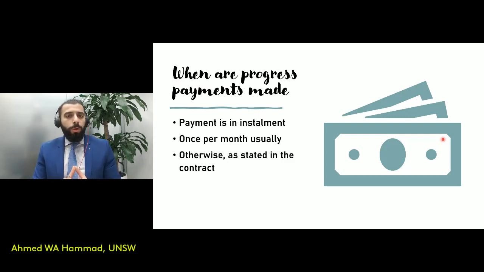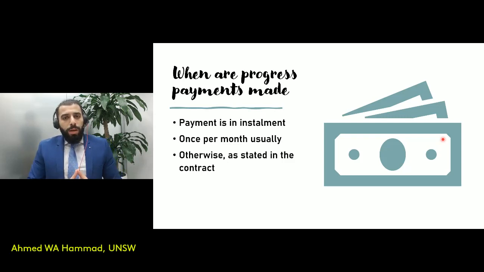Now, one final point that I need to mention is that, as I'd already stated at the start of the video, the Act overrules the common law. And this is specifically when it comes to timeframes. So timeframes available for, let's say, for instance, the principal to pay the amount that they owe to the contractor.